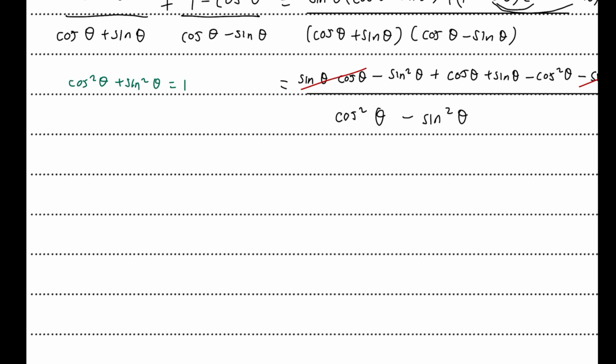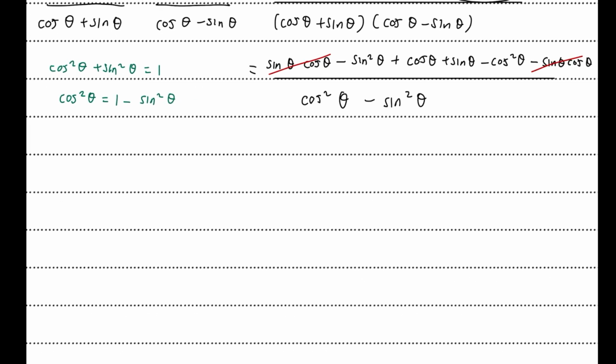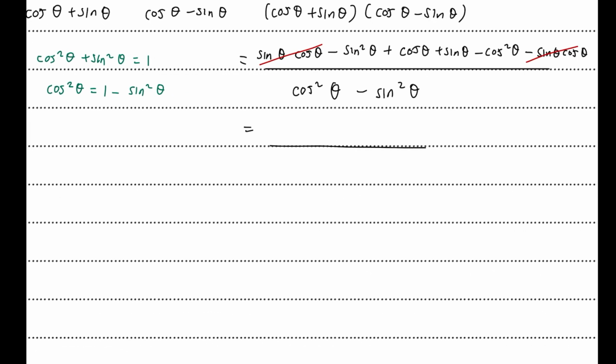Because we only want sine theta at the bottom here, we can substitute cos square theta equals 1 minus sine square theta. So we can substitute here, cos square theta becomes 1 minus sine square theta, minus sine square theta.